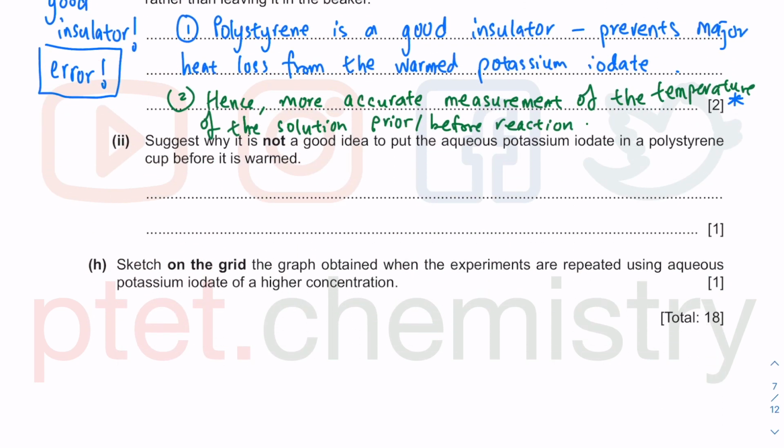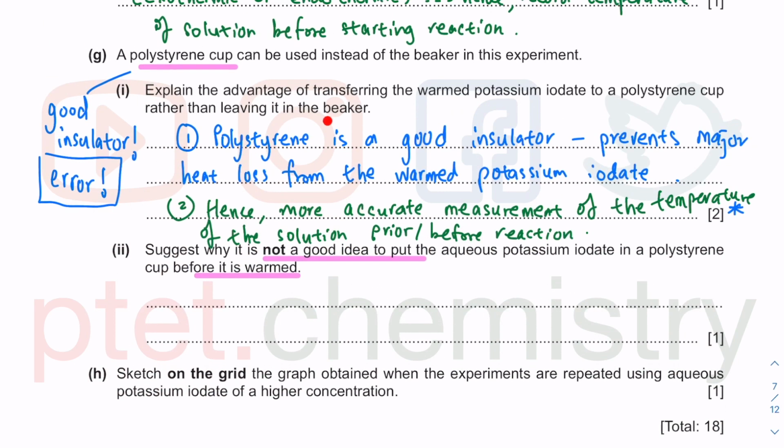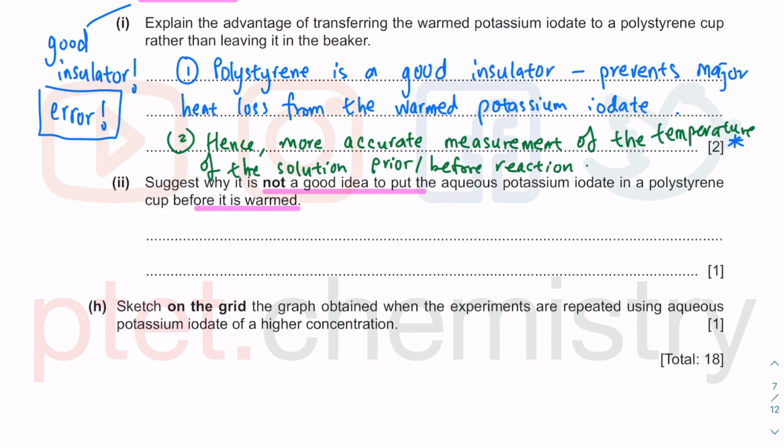However, why is it not a good idea to put in the aqueous potassium iodide before it is warm? Just now they asked what is the advantage, why is it good, but then why is it not a good idea to put it in there before it is warm? We can put it in there after we have warmed the potassium iodide and it'll be good, but if we put it in there cold, that means we still have to heat.